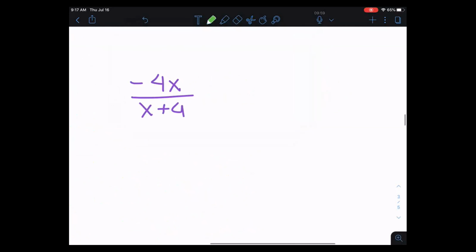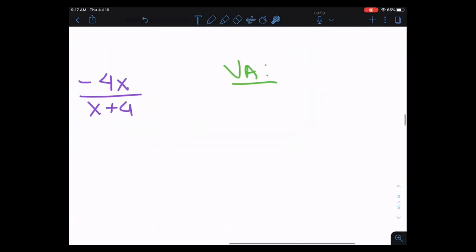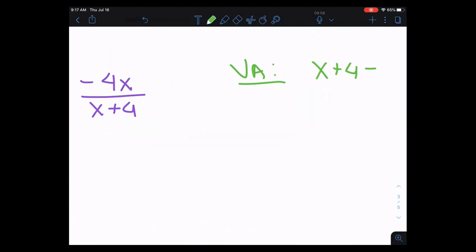Remember that the vertical asymptote comes from setting whatever the denominator is equal to 0. So we're going to set x plus 4 equal to 0, and then just solve for it. So we can subtract 4 from both sides. So x is equal to negative 4. So that's how you can get that.